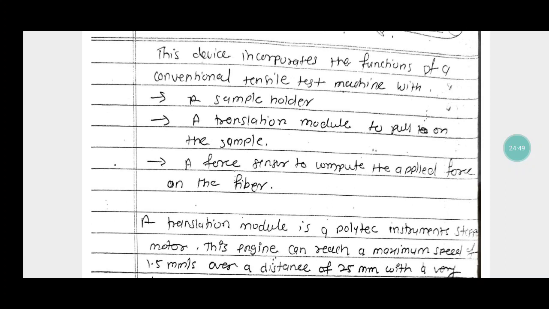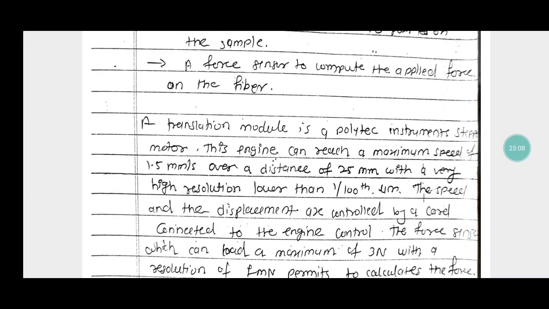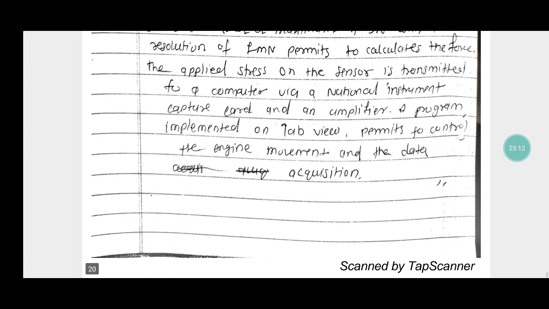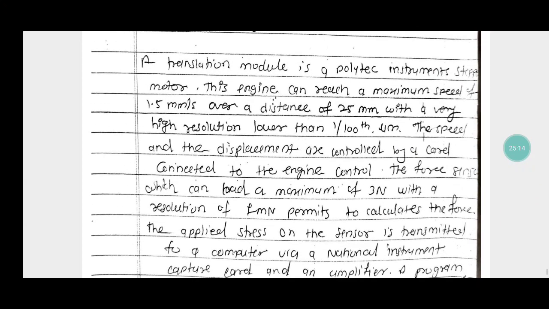This device incorporates the function of the conventional tensile testing machine: a sample holder, a translation module to pull on the sample, a force sensor to compute the applied force on the fiber. So these are the instruments for the tensile strength.